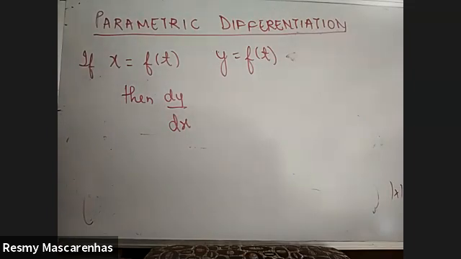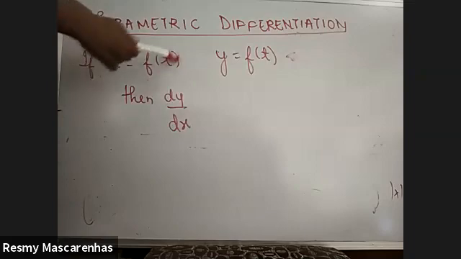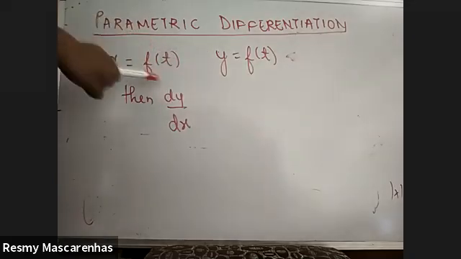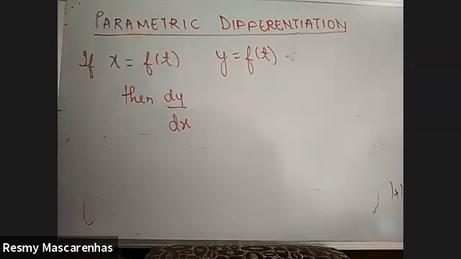Now you cannot directly write y upon x straight away, because this function is in terms of t. Suppose x is equal to sine of t and so on. A different letter will be there. X is separate, y is separate.